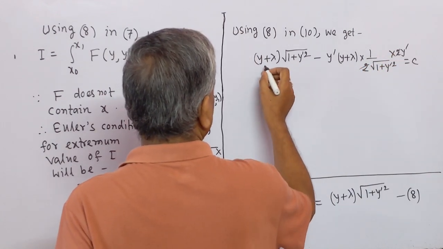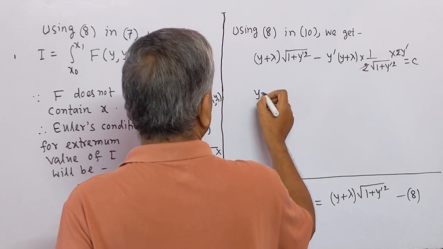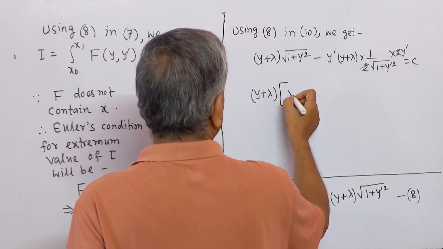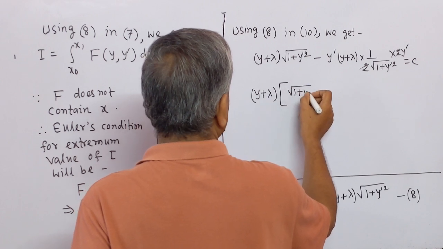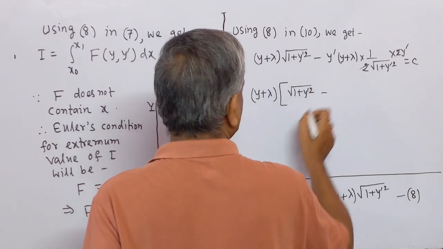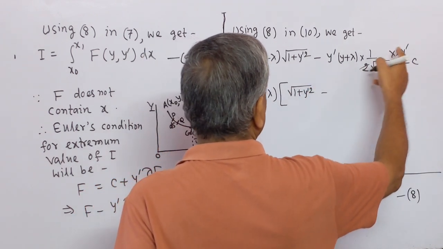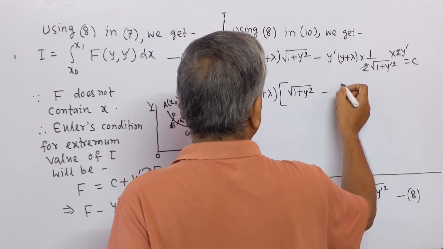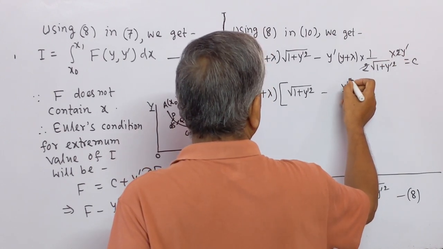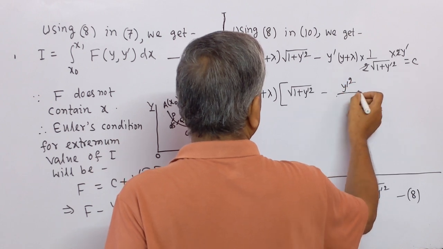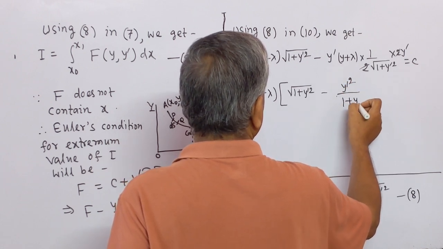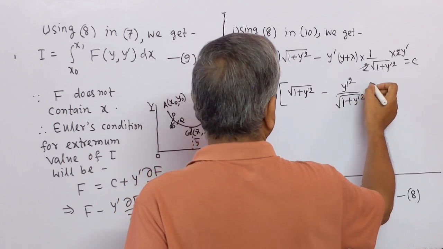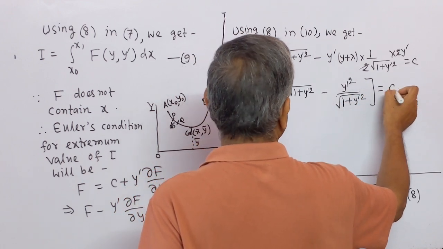Here we take common y plus lambda, remains square root 1 plus y prime square minus y prime multiply y prime square by square root 1 plus y prime square, and this will be equal to c.